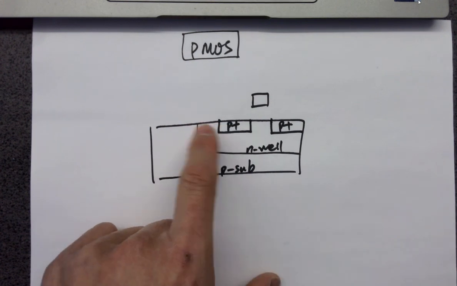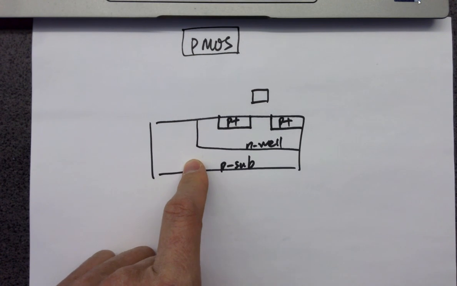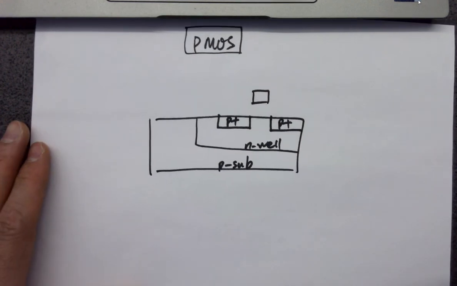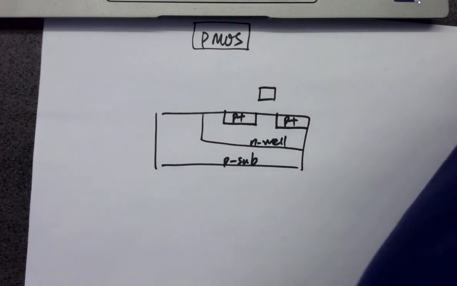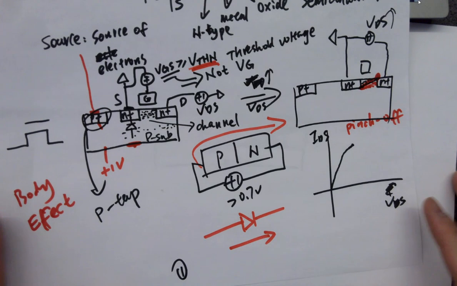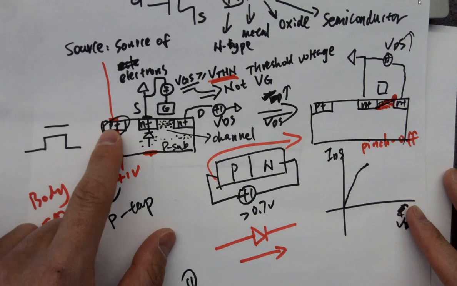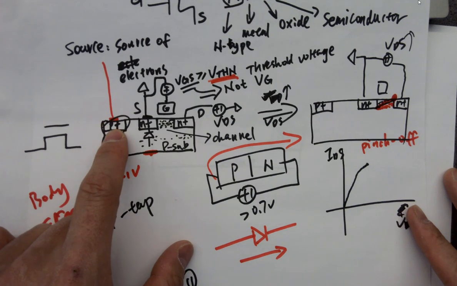And why do I have to short my P sub of the NMOS to ground? Remember when we came to this point? For NMOS, we have to short P plus to ground in order to avoid body effect.